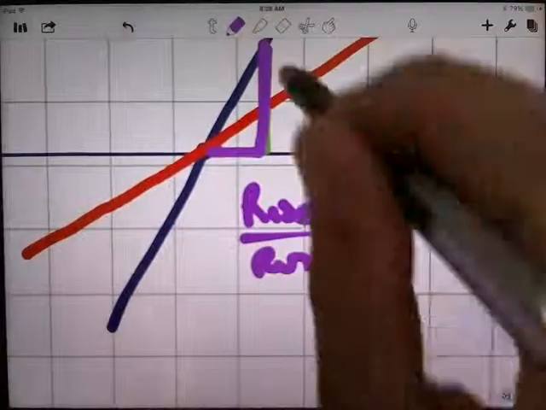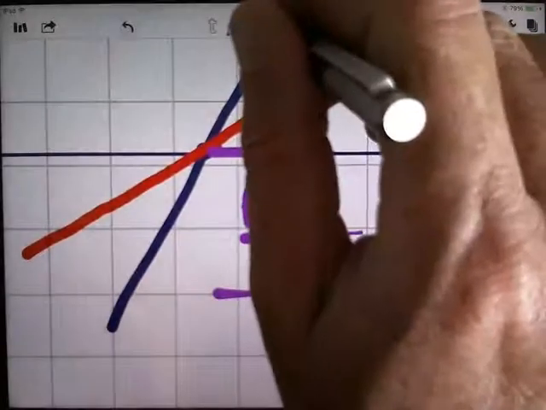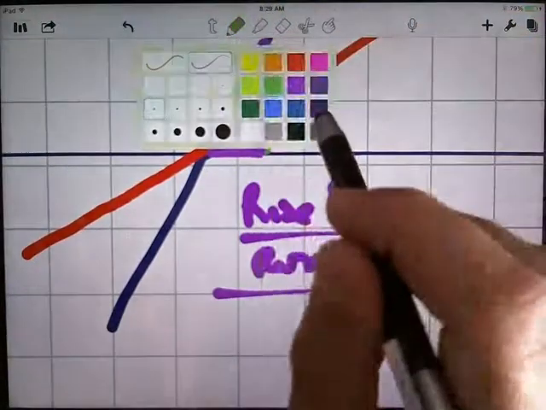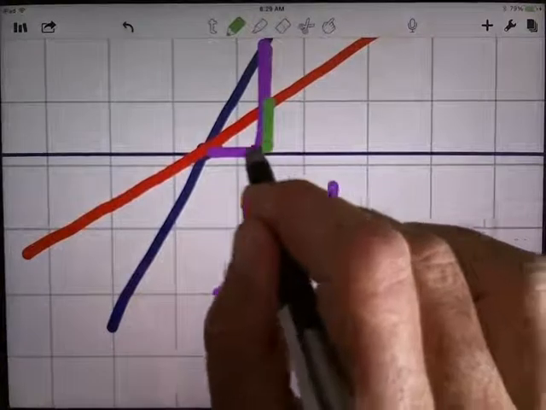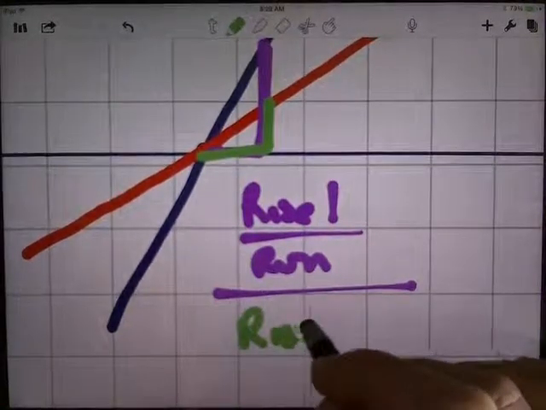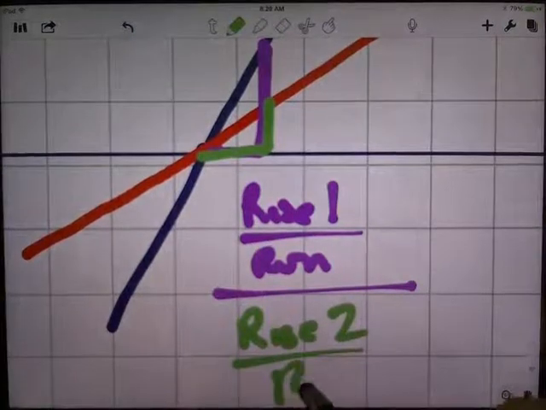And then I'm going to divide that by, in green here, this rise divided by run. And so I'm going to call that rise 2 divided by the run.